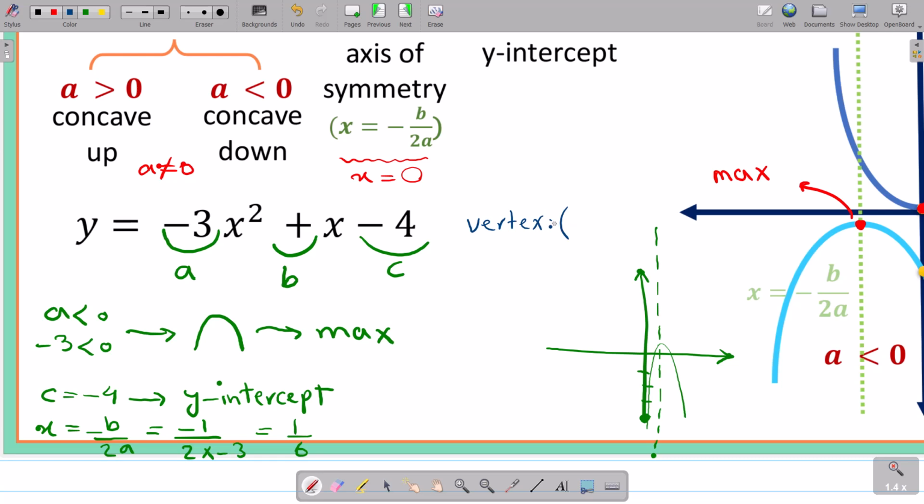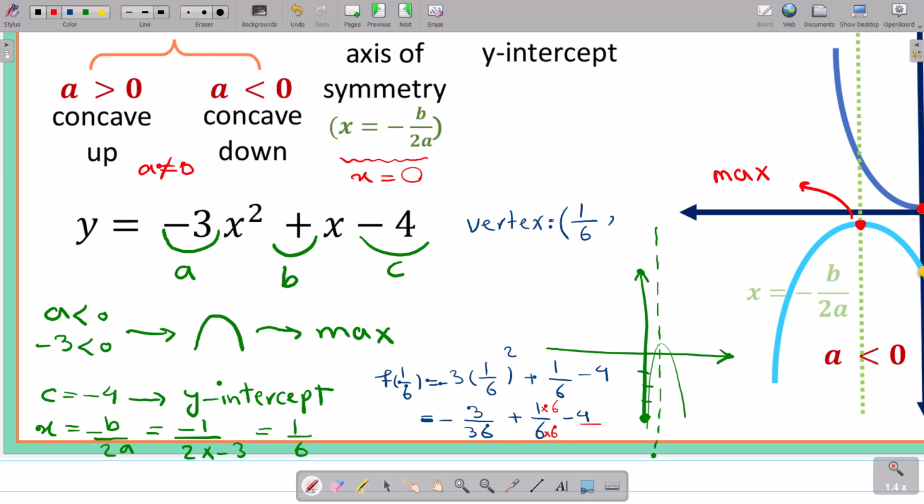To find the vertex of this function, we know the x-coordinate of the vertex is 1/6. To find the y-coordinate, we have to substitute 1/6 in this equation. How? Like this. f(1/6) will be -3(1/6)² + 1/6 - 4. Okay, -3/36 + 1/6 - 4. Let's make the denominators the same.